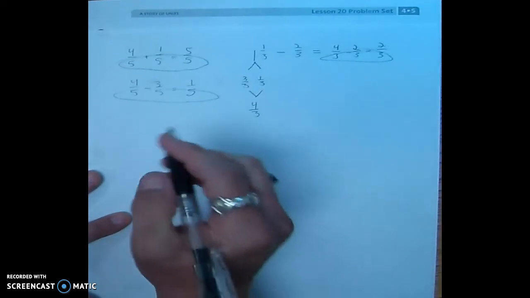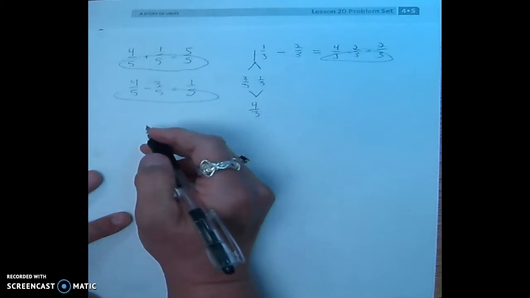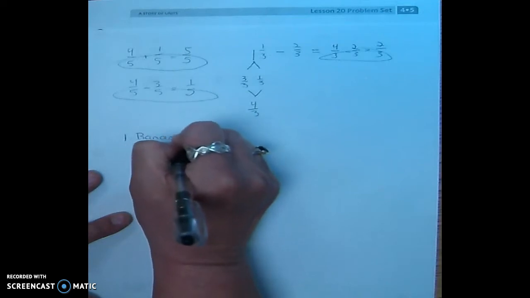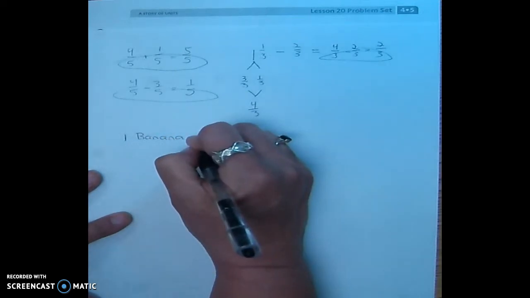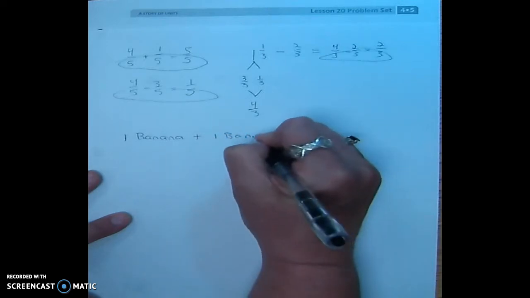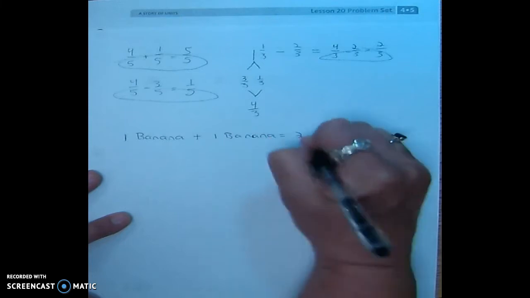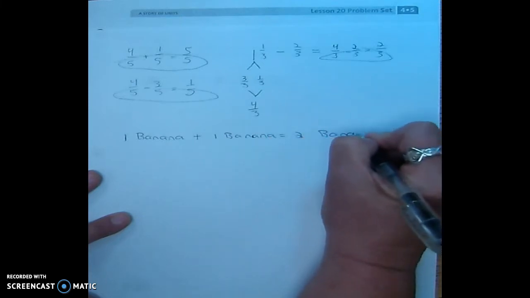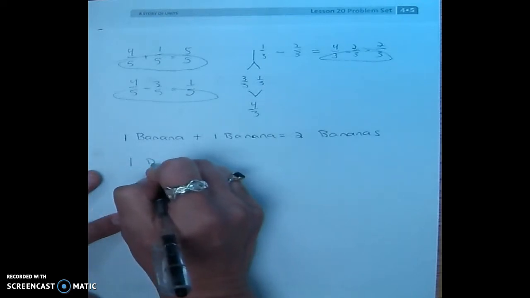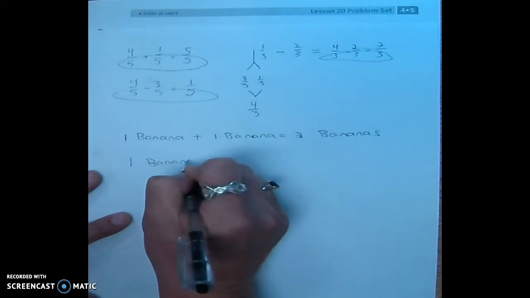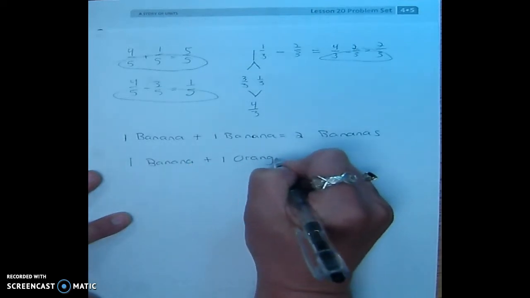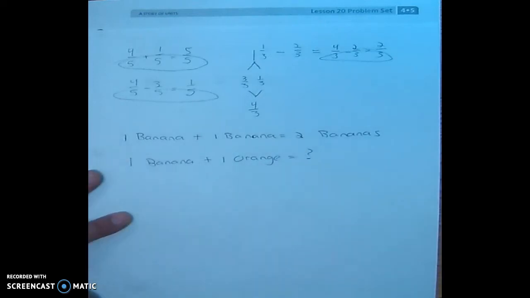So now, for example, if we have one banana and we add one banana, we can say we have two bananas. But if we have one banana plus one orange, what does that equal?